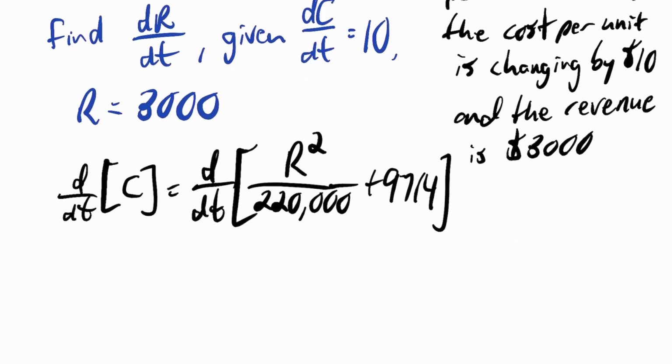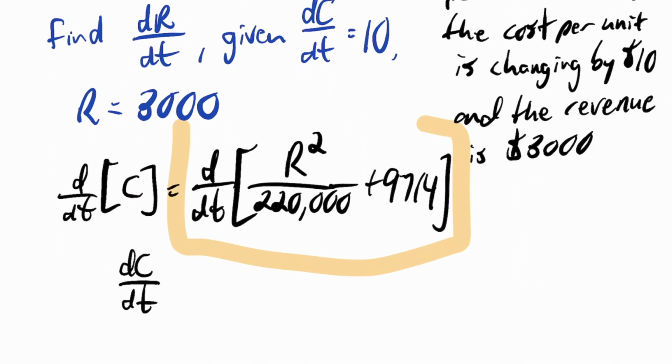Okay. The left-hand side is not too hard. It's just dc/dt. The derivative with respect to time of C is just a rephrasing of the derivative of C with respect to time. I didn't really have to do much there.